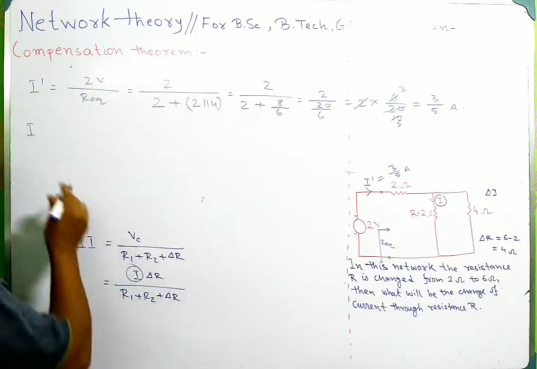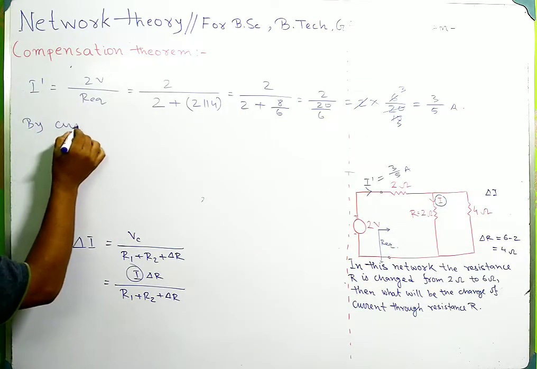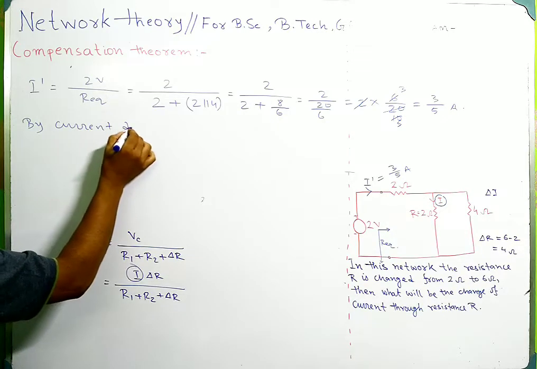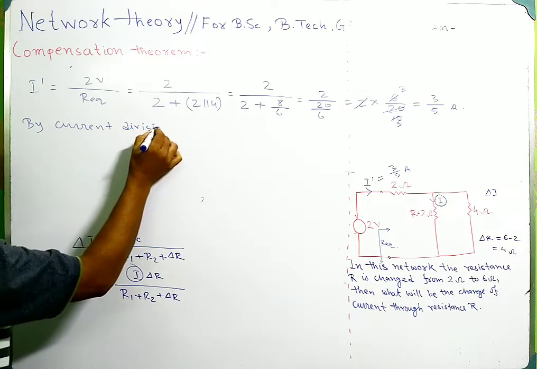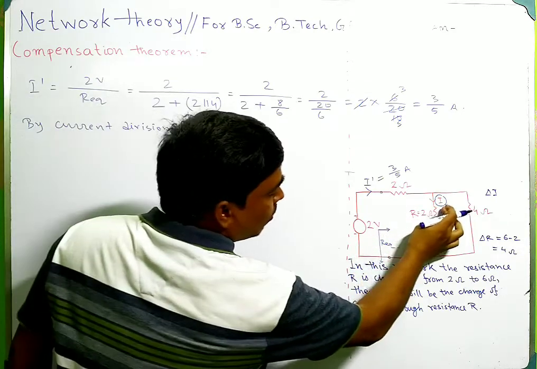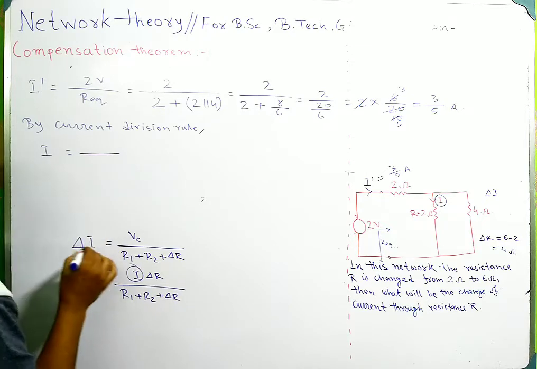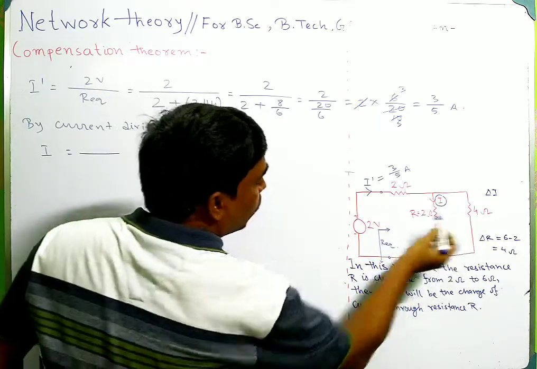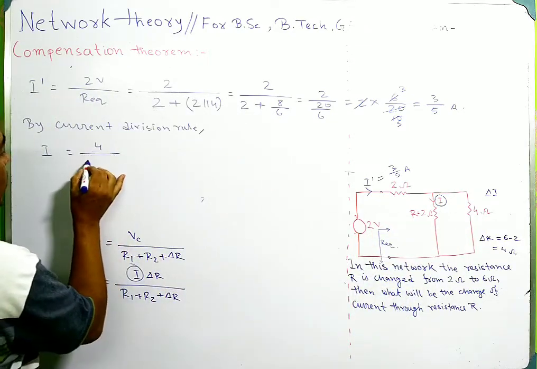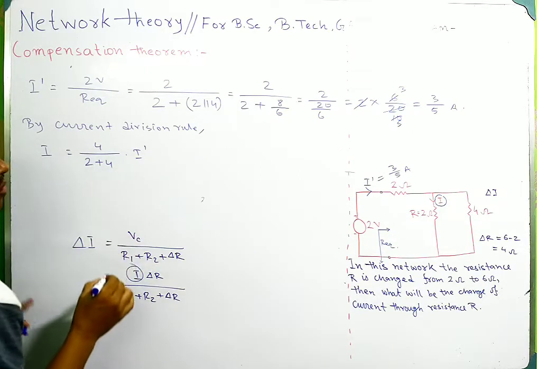So by using current division rule, we can calculate this I. So I is given by 4 divided by 2 plus 4 into I dash.